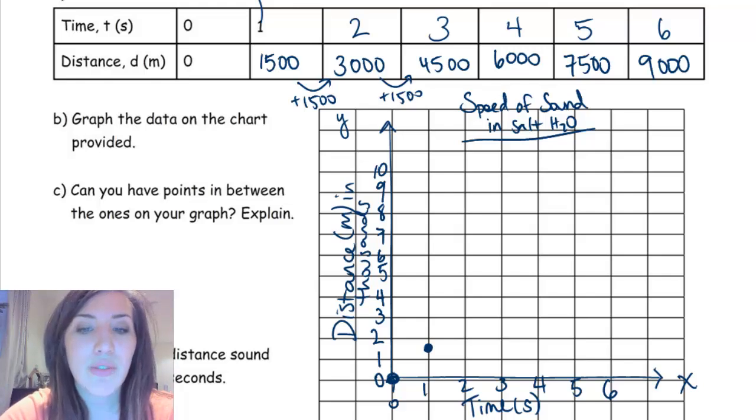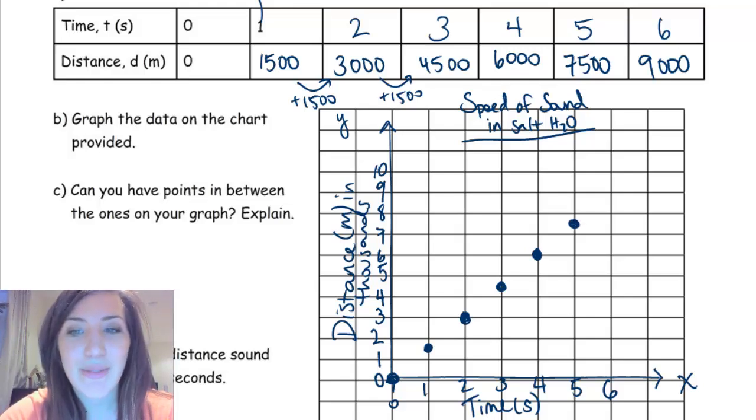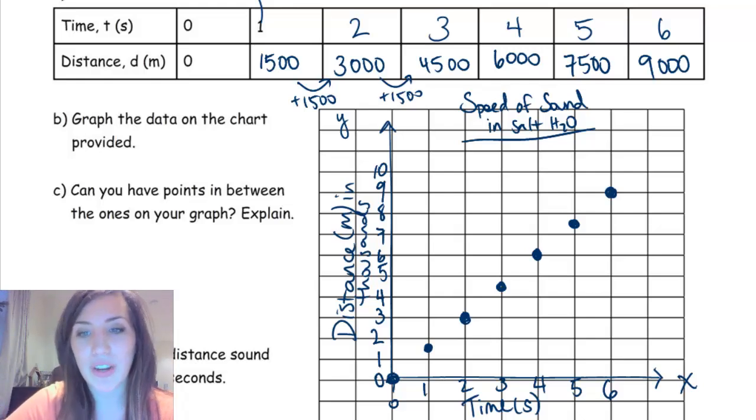At 2 seconds, we've gone 3,000. At 3 seconds, we've gone 4,500. At 4 seconds, 6,000. 5 seconds, 7,500. And finally, at 6 seconds, we've gone 9,000 meters. That's the speed of sound in the salt water. Now, that is our graph.